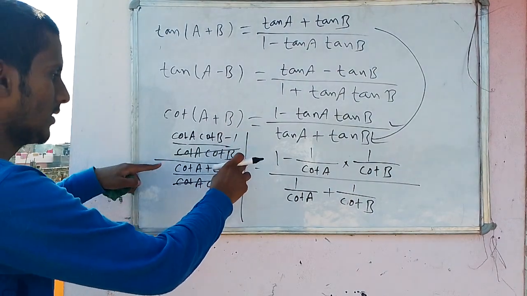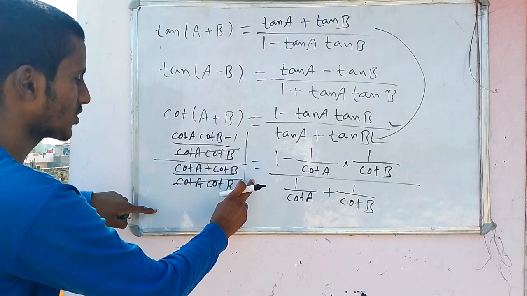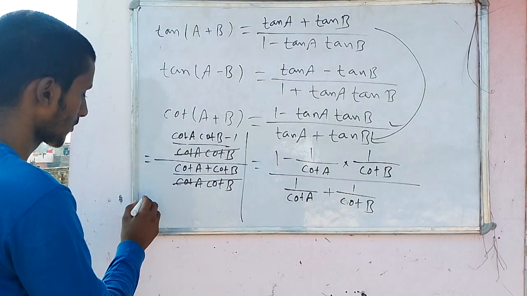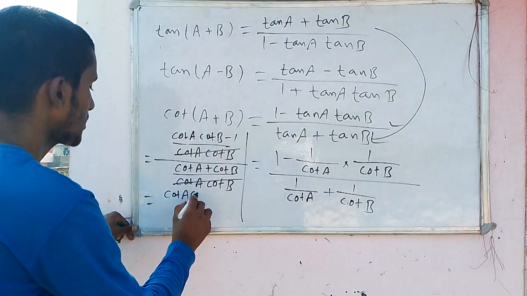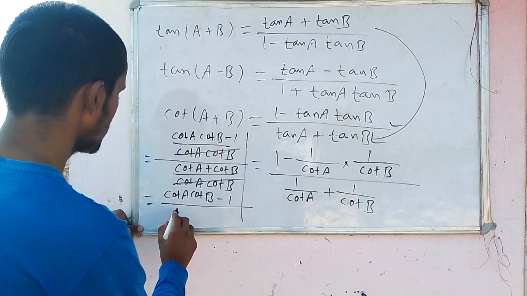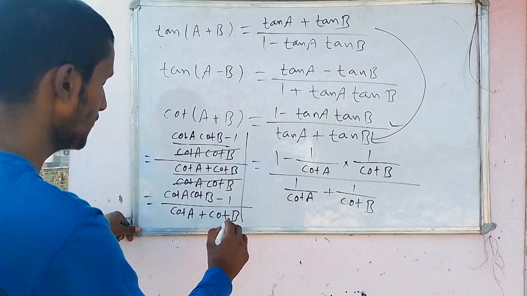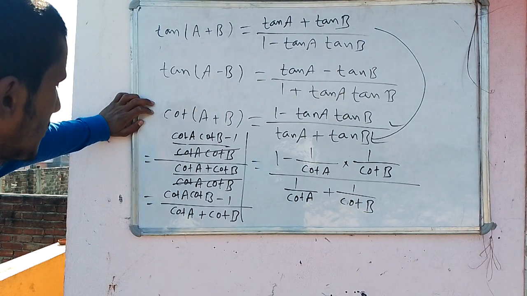We can multiply by cotangent A, cotangent B on the numerator and on the denominator, and they will just vanish. So we're going to have now cotangent A, cotangent B minus 1 divided by cotangent A plus cotangent B. So this is what the result of cotangent A plus B will be.